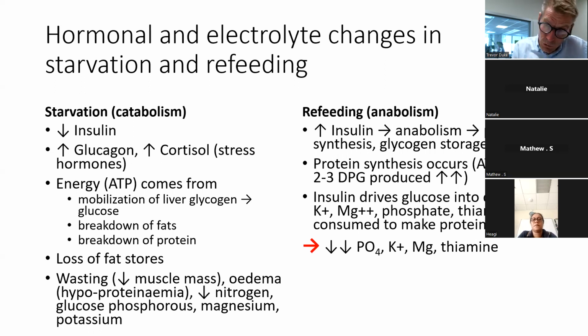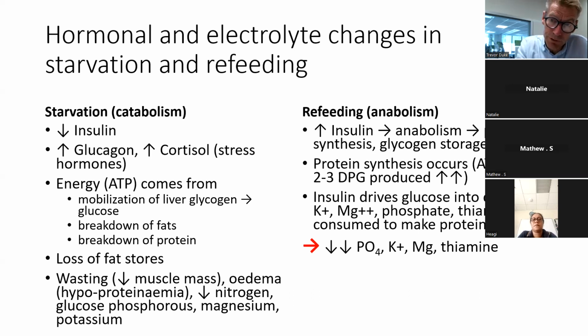That leads to all the clinical features that we know of severe malnutrition, so wasting and loss of subcutaneous tissue, and hypoproteinemia, which means very low protein, so low albumin. That's why you get edematous. It leads to very reduced nitrogen levels in the blood, and glucose, phosphorus, magnesium, and potassium go very low.